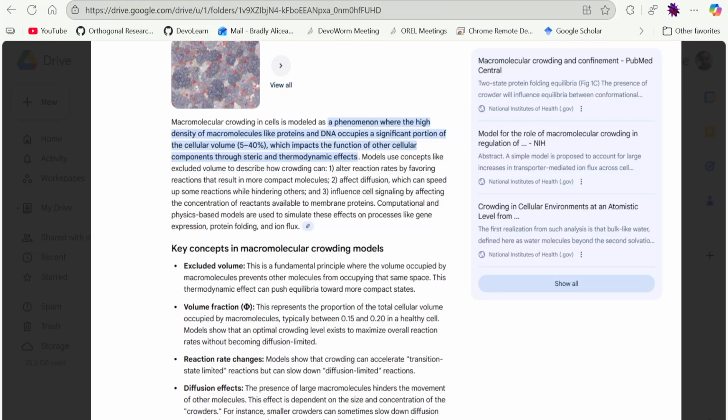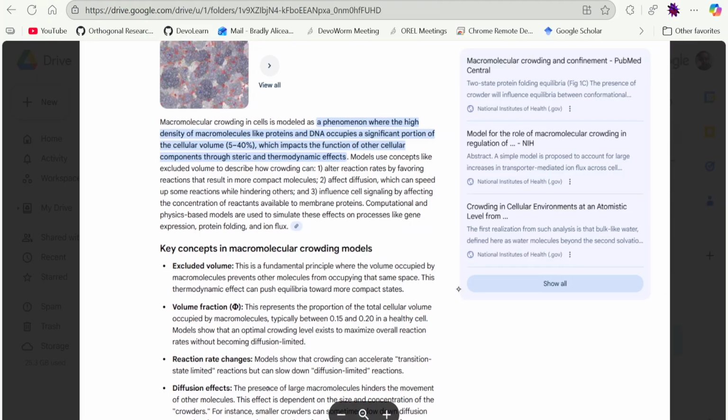If every macromolecule diffused evenly across the cytoplasm, you would reduce the effect of that crowding. But the way it tends to work is that you have these precipitates, these clusters that can interfere with processes, and you can model this as a diffusion limited system.